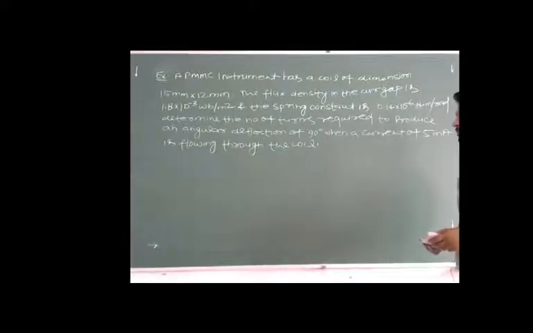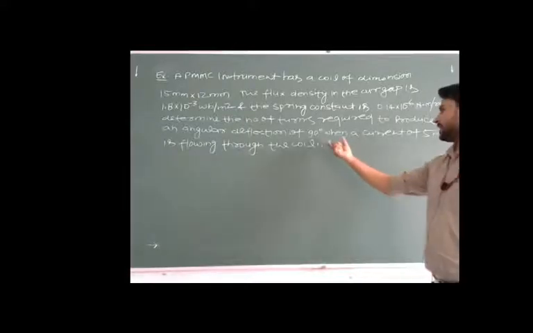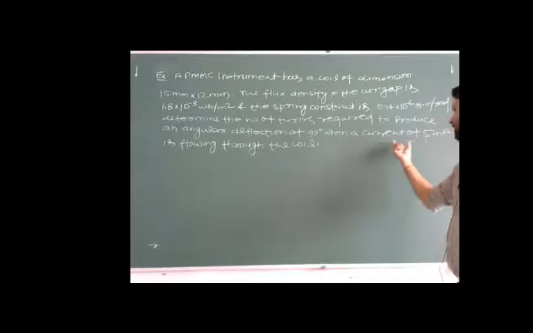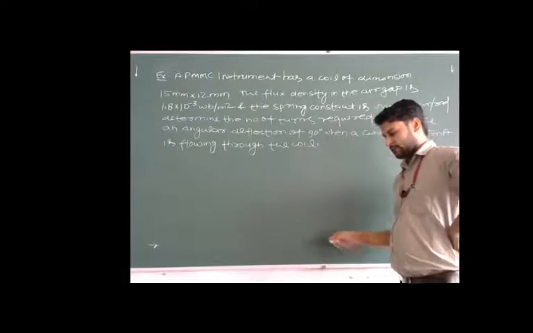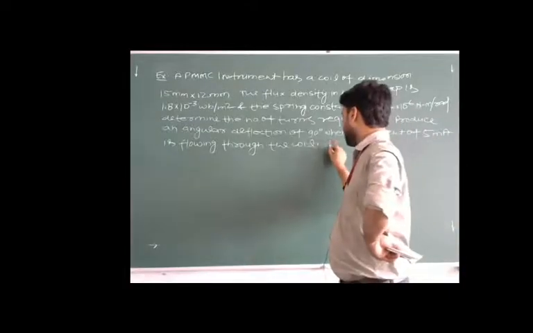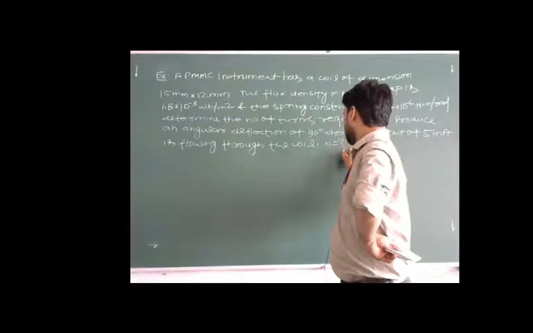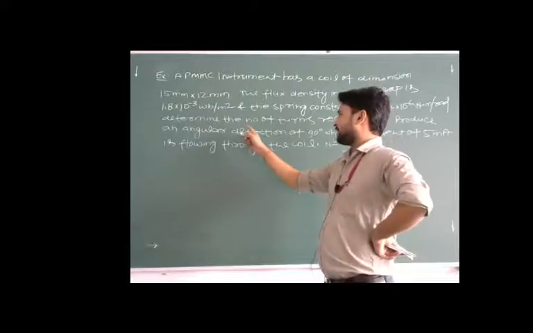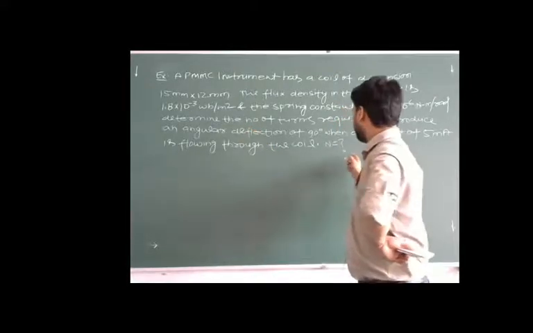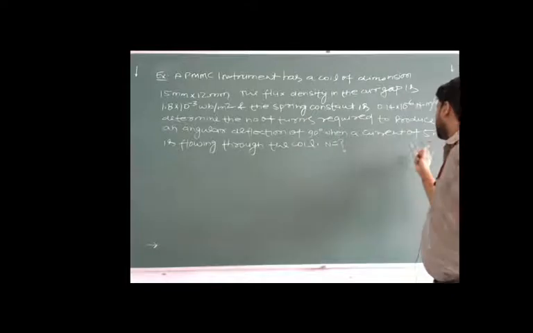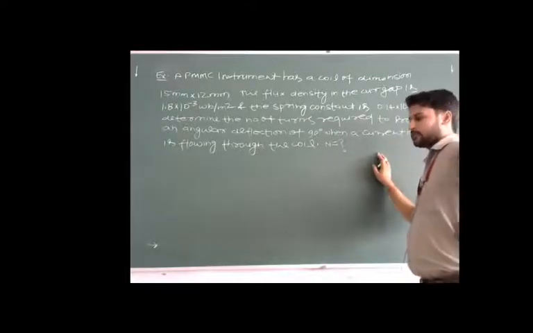So, to produce a deflection of 90 degree when a 5 milliampere current is flowing through the coil, how many number of turns are needed? So what we have to calculate? We have to calculate the number of turns in the coil to produce a deflection of 90 degree when a current of 5 milliampere is flowing through the coil.